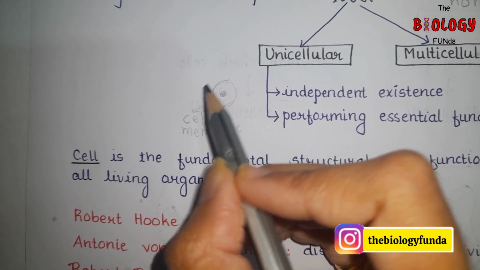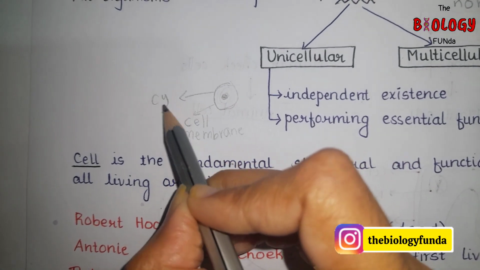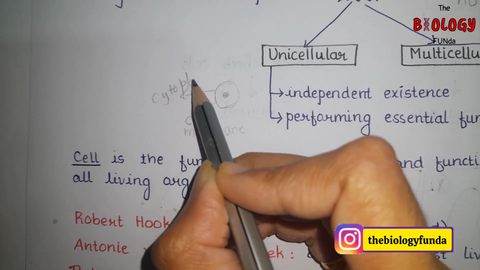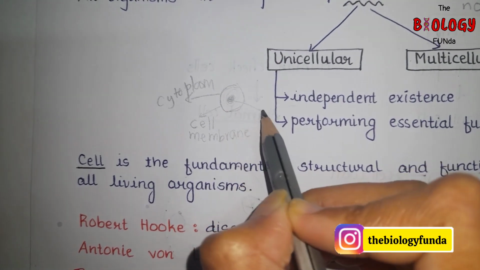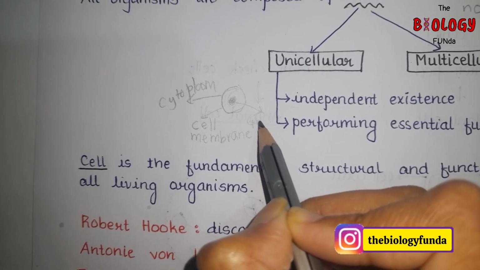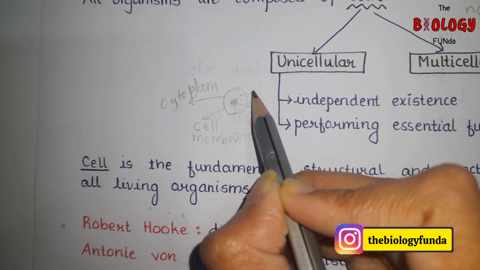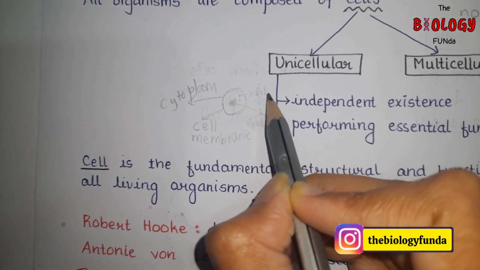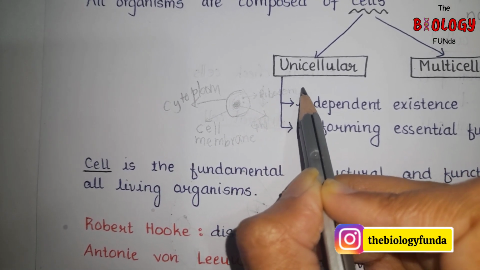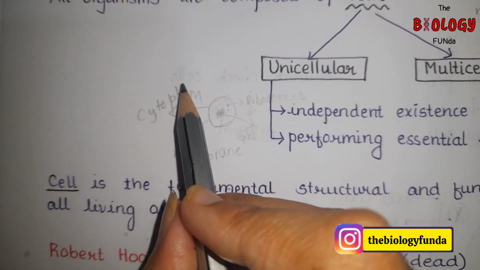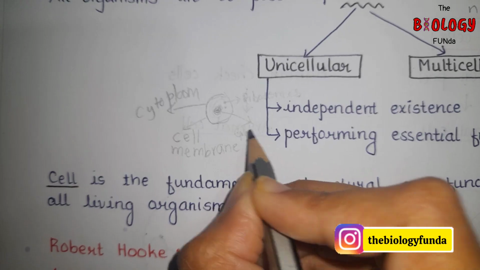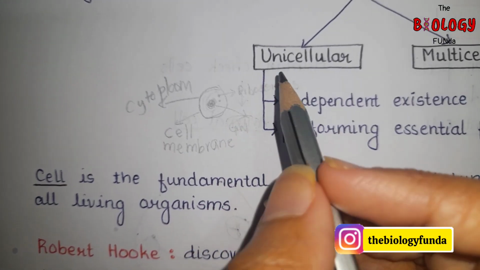This matrix is the cytoplasm. Then you will say that the cell has genetic material. So this is the third important component. Besides that, there are ribosomes. So these are the four common things that you will see in any cell: cell membrane, cytoplasm, genetic material and ribosomes.